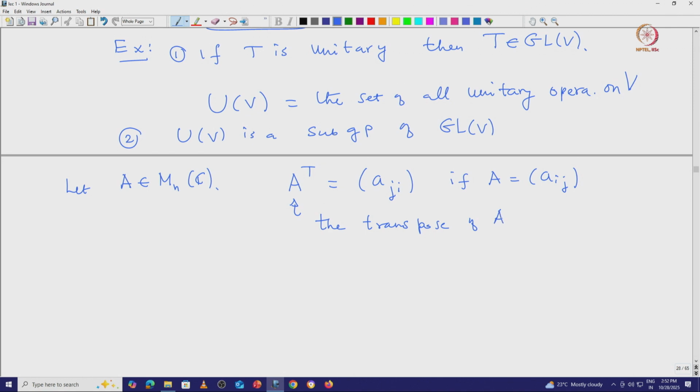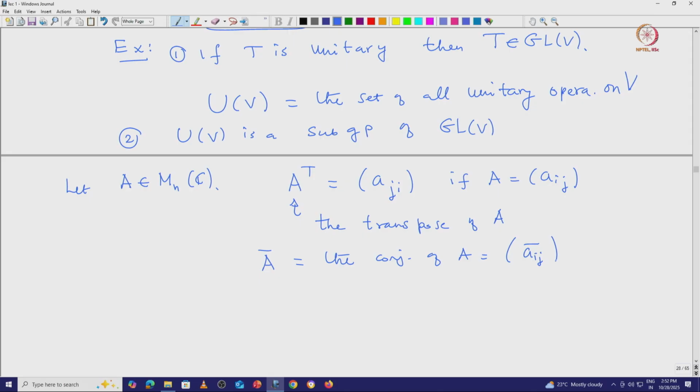Now the conjugate of A, which is denoted by A bar, is defined by taking the ij-th entry to be the conjugate of the ij-th entry of A, that is A_ij bar.